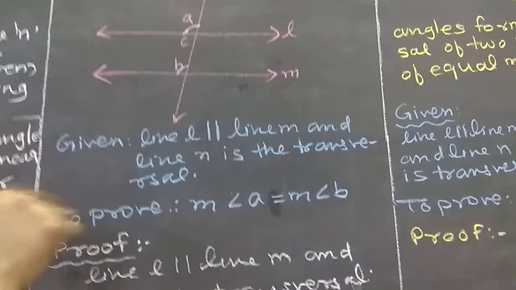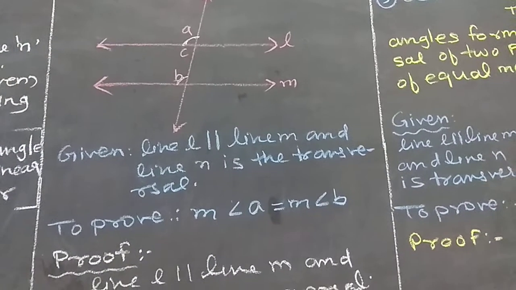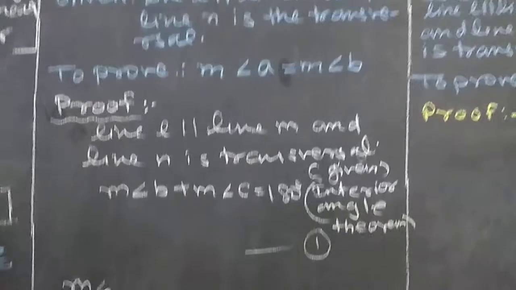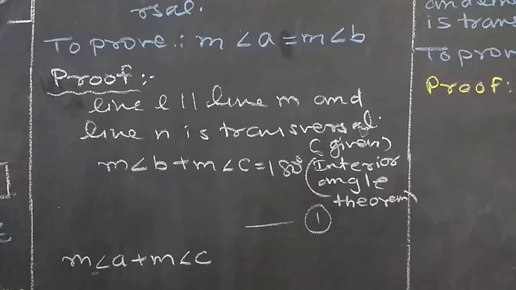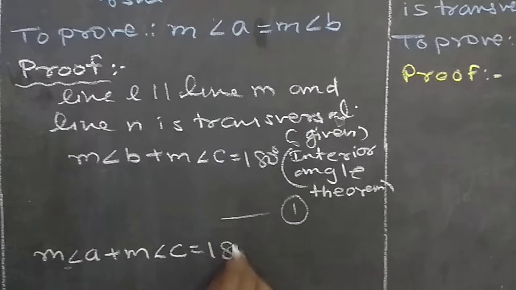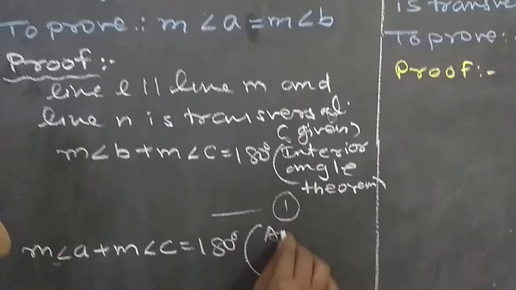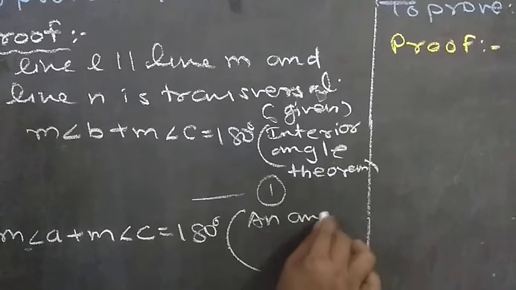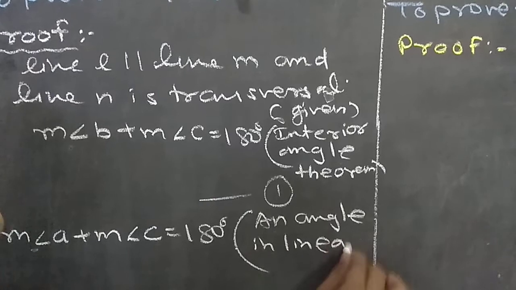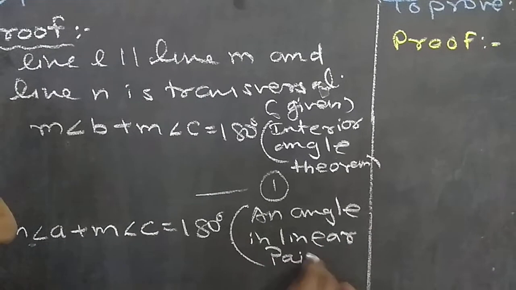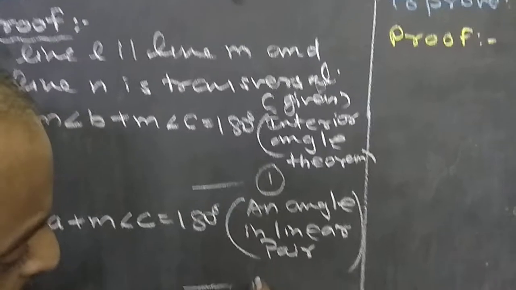Okay, so their sum of measure will also be 180 degree. So here you will write measure angle A plus measure angle C is equal to 180 degree, and you will write the reason here: angle in linear pair. Okay, give it equation 2.